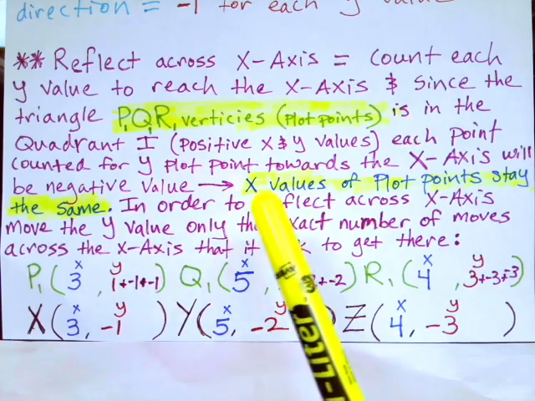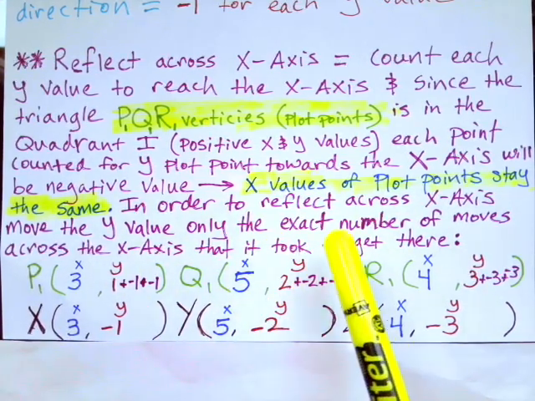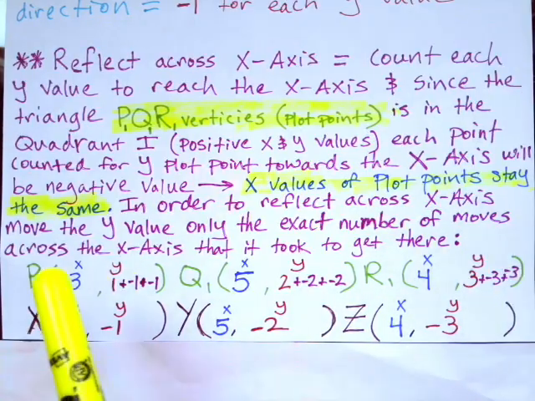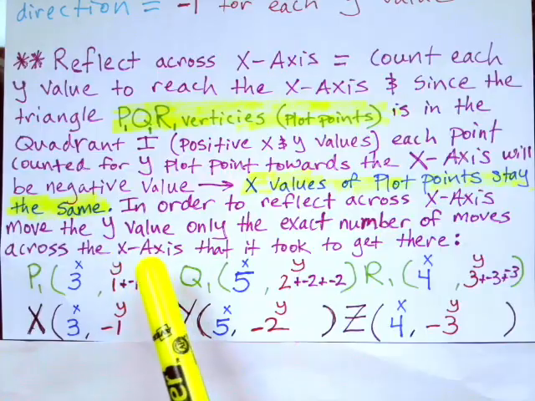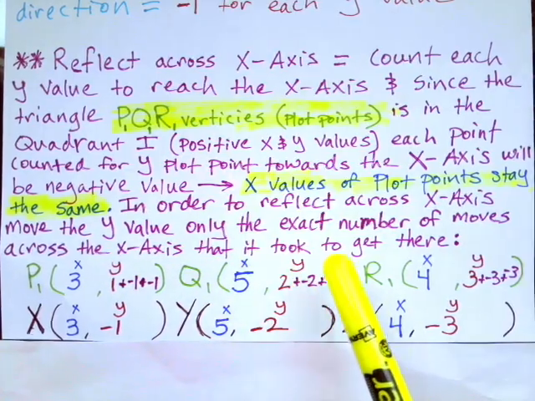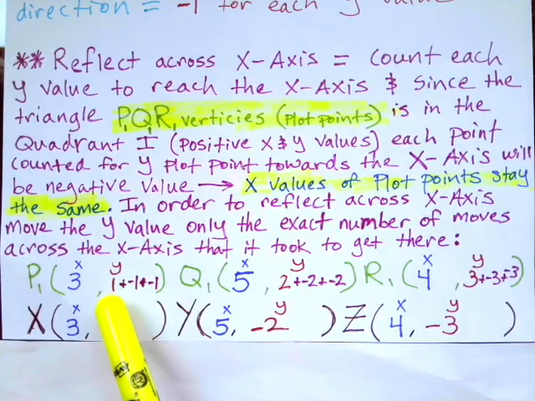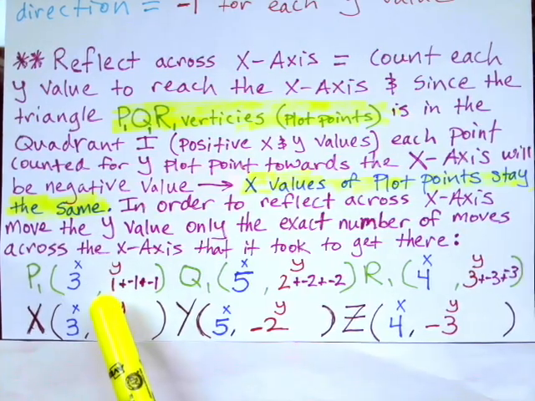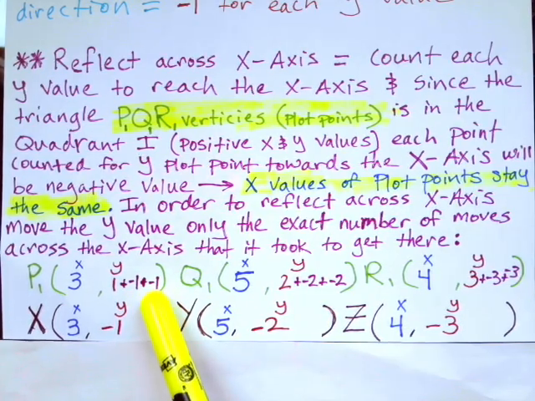All right, so in order to reflect across the x-axis, you move the y values only the exact number of moves to the x-axis, across the x-axis, that it took to get there. So for my y value of a positive 1 to get to 0 is a -1 move. So then I take another -1 move across the x-axis, is what I'm showing you here.